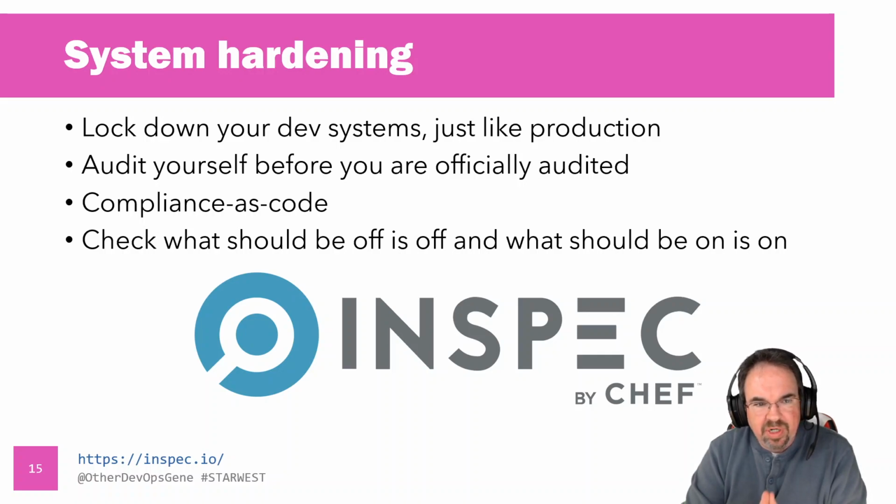One other thing that's really good, and I'm sure this is jaded experience for me, but check that what should be off is off and what should be on is on. A lot of times we'll check to make sure things are turned off, but you can also use Inspec or auditing tools to make sure that, hey, on a database server, we have this port open, right?